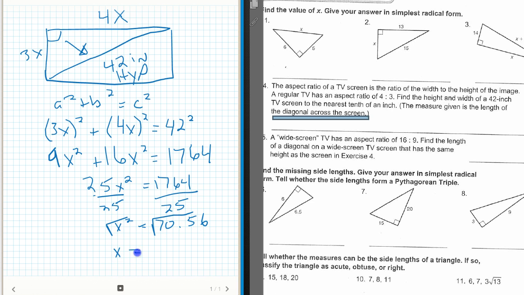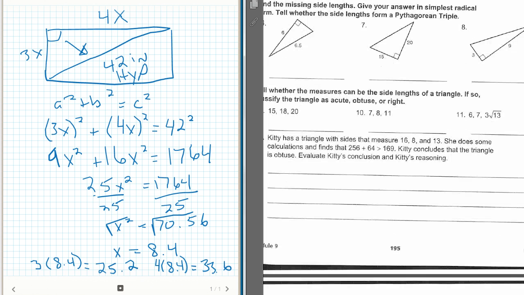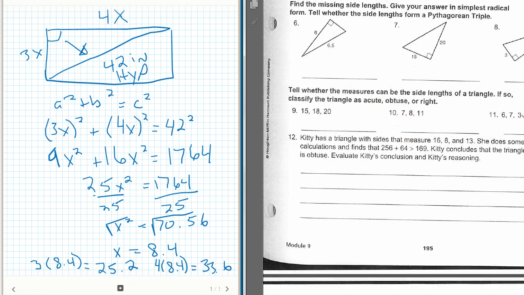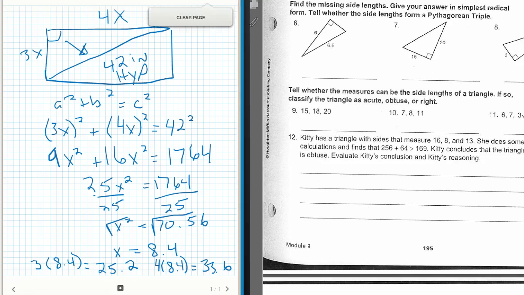Take the square root of both sides, and I've got x is equal to 8.4. I can plug it back in. 3 times 8.4 is going to give me 25.2, and 4 times 8.4 is going to give me 33.6.